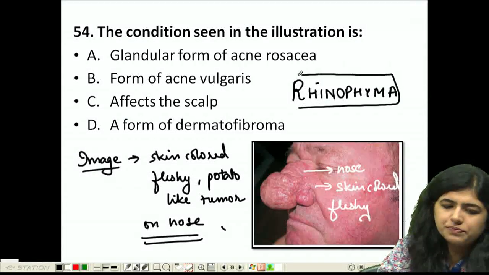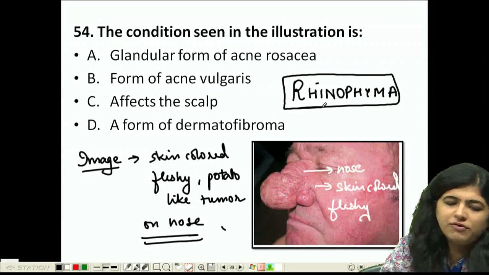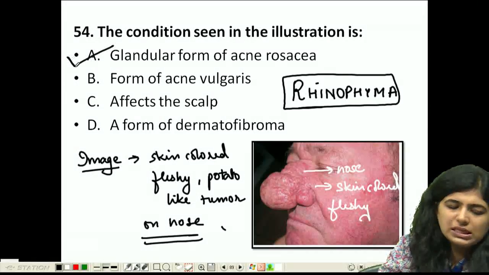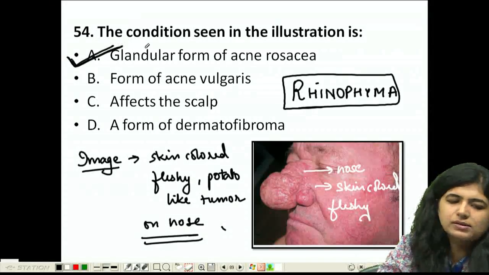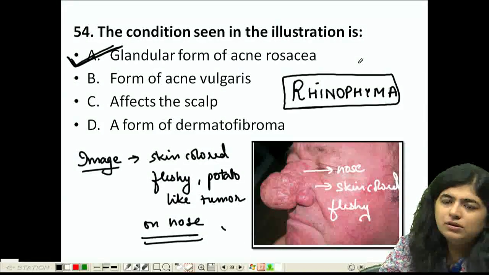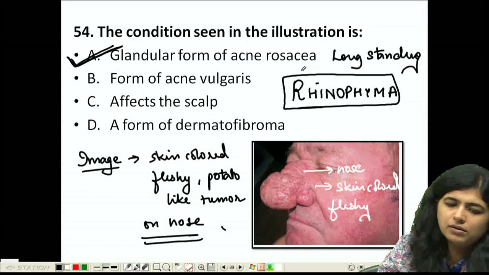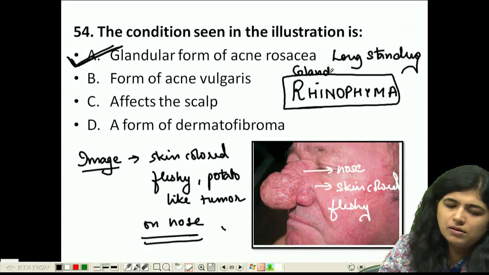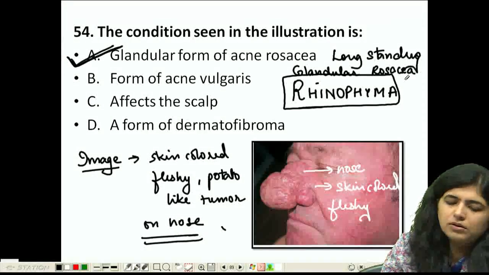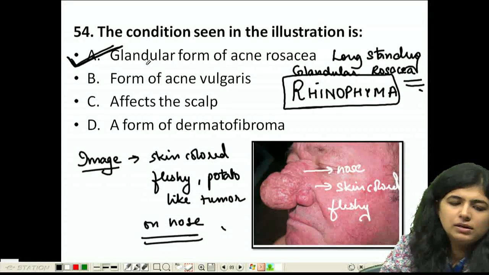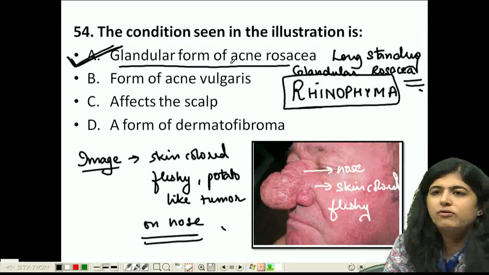Rhinophyma is seen in long-standing cases of glandular rosacea. Clear to everyone?